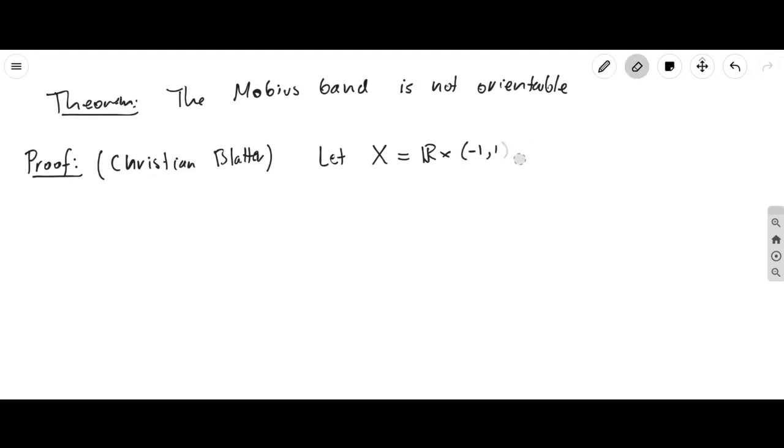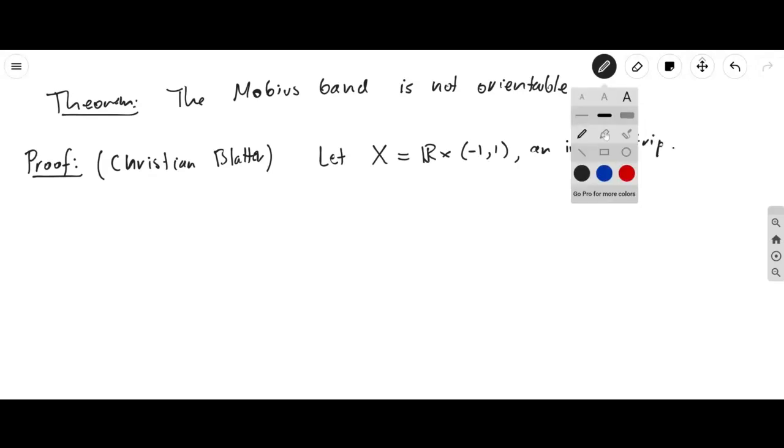I'm going to be using an open interval because we're going to be creating a Mobius band without boundary. So this is an infinite strip, or an infinite band. The way this would look is your space X would just be these two lines that are shaded in. So that would be X.